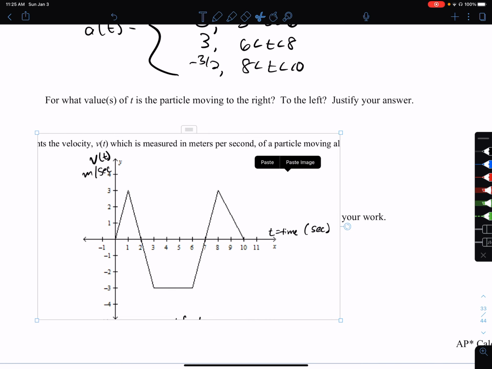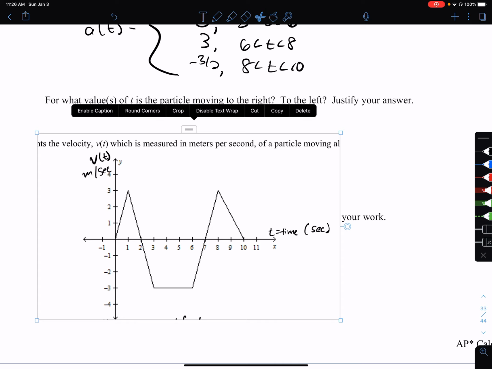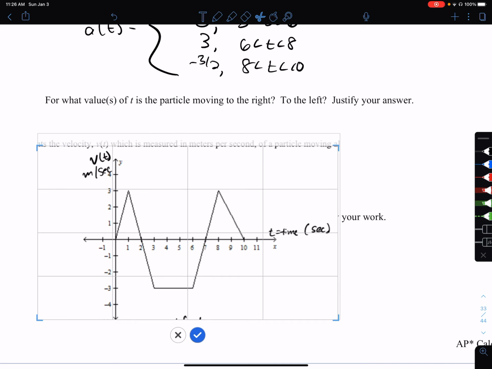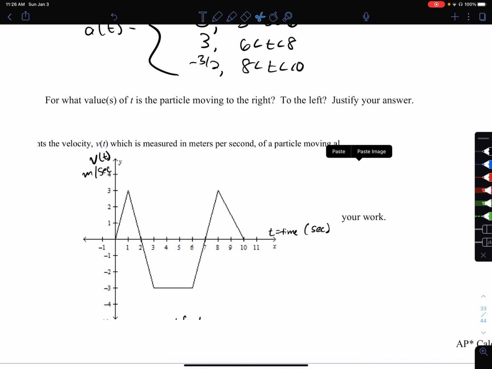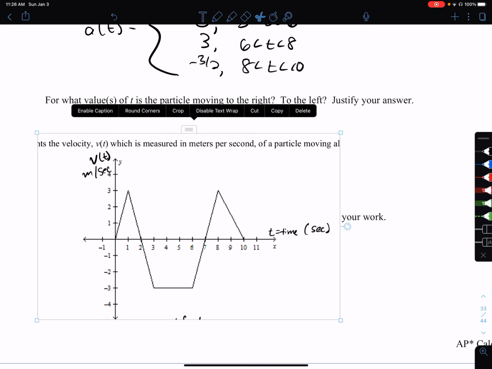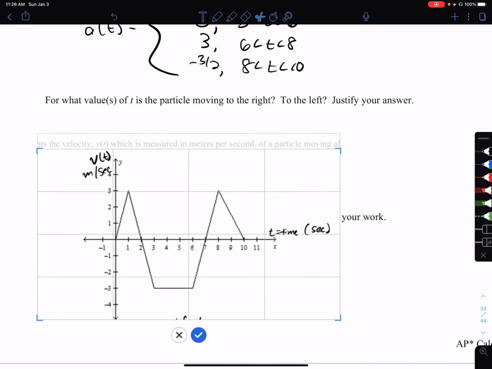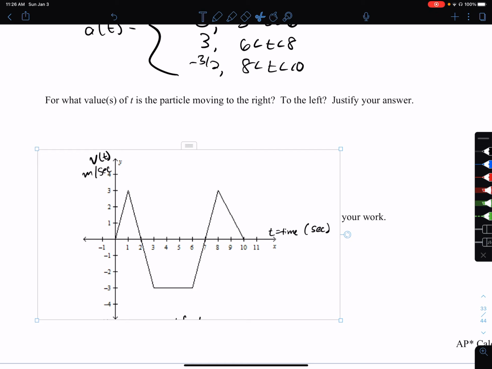Well, for the particle to be moving right, the velocity has to be positive.